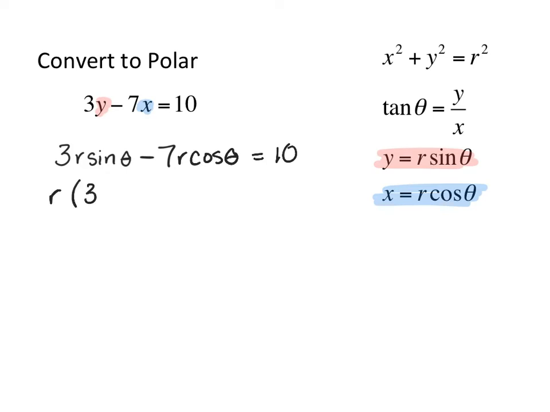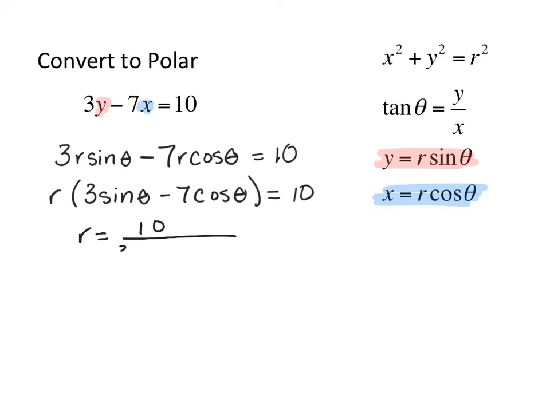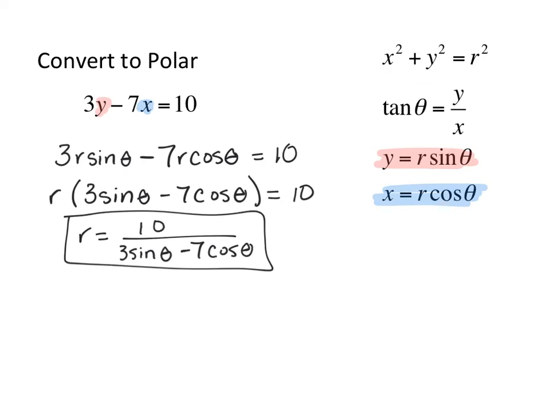When I factor r out, I'll have 3 sine of theta minus 7 cosine of theta, and that's equal to 10. And then to get r alone, I just have to divide by 3 sine theta minus 7 cosine theta. So r is equal to 10 over 3 sine theta minus 7 cosine of theta.